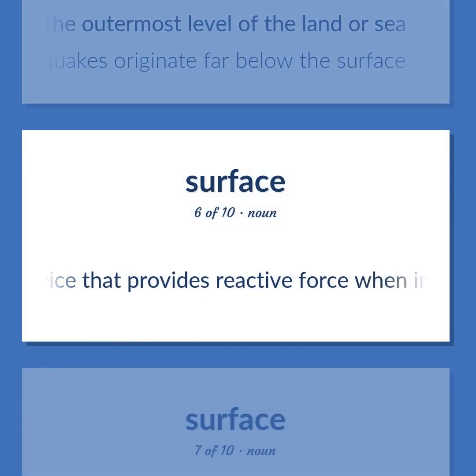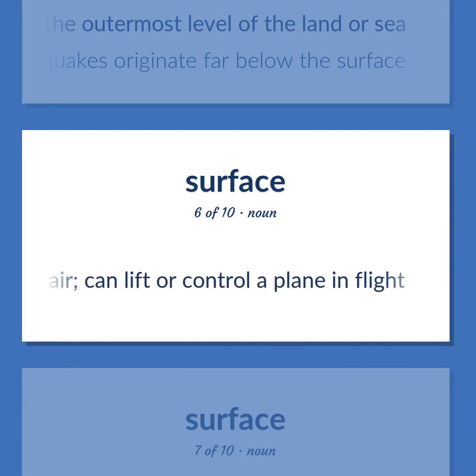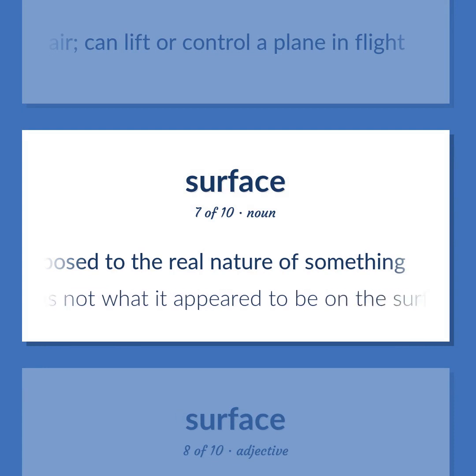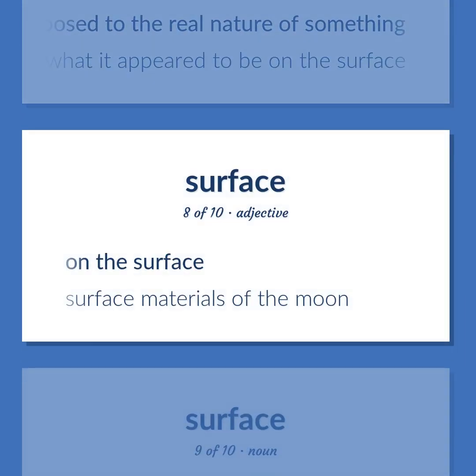A device that provides reactive force when in motion relative to the surrounding air, can lift or control a plane in flight. A superficial aspect as opposed to the real nature of something. It was not what it appeared to be on the surface. On the surface. Surface materials of the Moon.